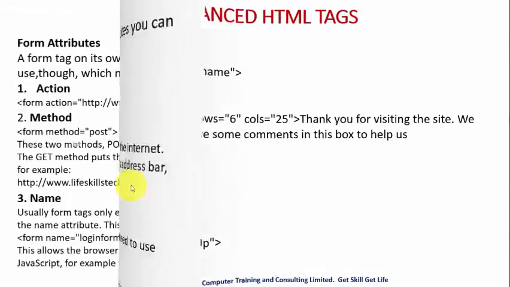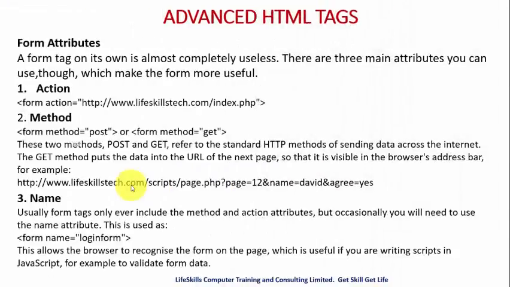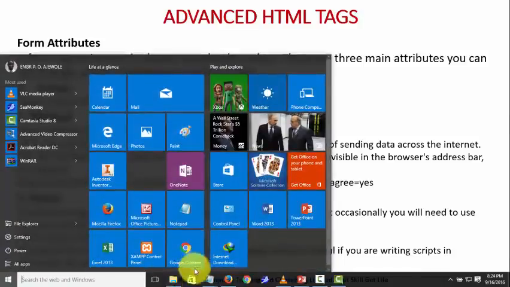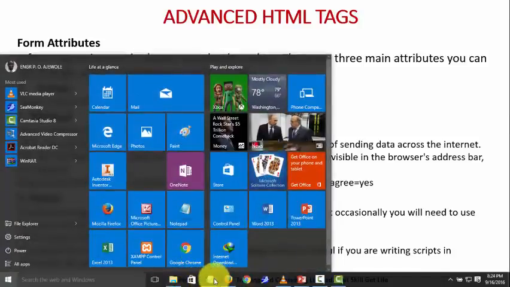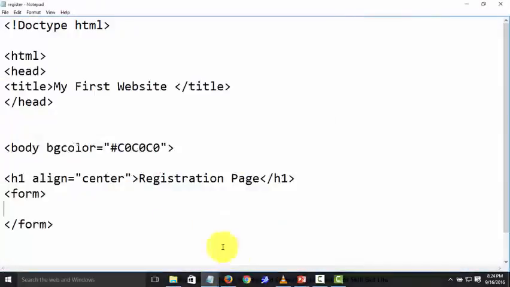Like I said, we want to specify the action and the method and the name. Okay. So if I go back to the register Notepad, I will apply these attributes. Action equals to, there must be a page where you direct them to.